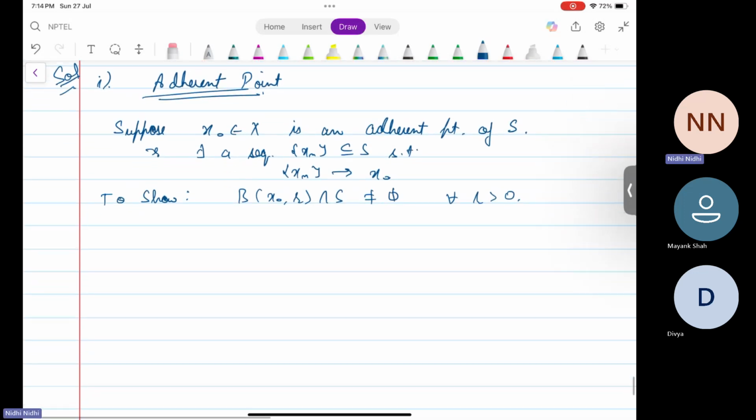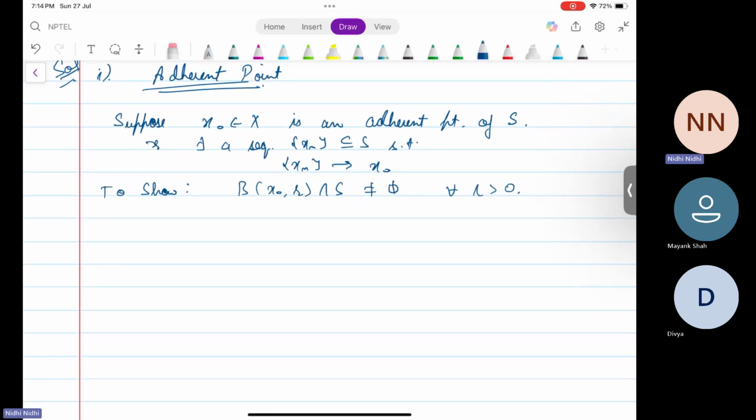Now, since this xn converges to x naught, by definition of convergence, for any epsilon, instead of epsilon, I'm taking r positive. There exists a stage, that obviously always depends on r, epsilon, such that the distance between xn and x naught is strictly less than r for all n greater than or equal to nr.